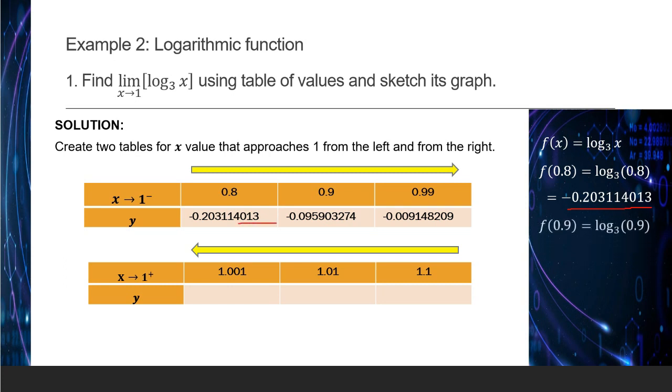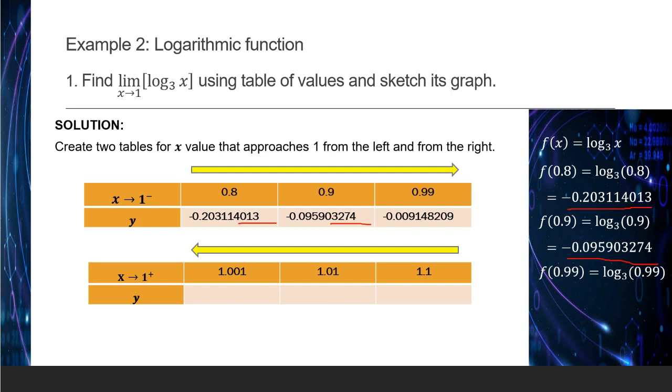Next, if x is 0.9, so we have f of 0.9 is equal to logarithm of 0.9 to the base 3. And the answer is equal to negative 0.095903274. And the last one, get the value of y if x is 0.99.